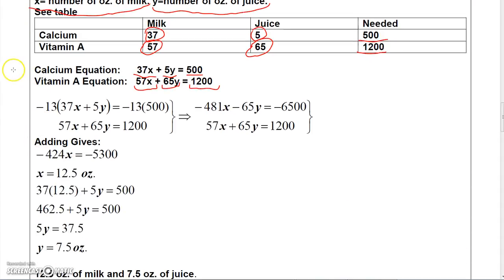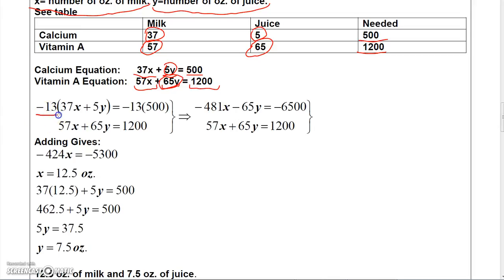Now to solve this one, I had to think a little bit. I have 5y here, and here I have 65y. So I knew if I multiplied 5 by 13, I'd get 65, but I actually want negative 65, so I had to multiply by negative 13.